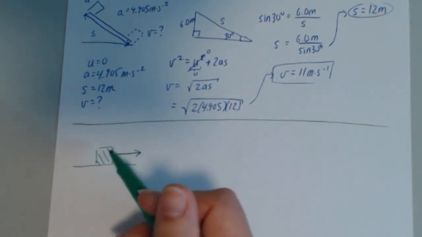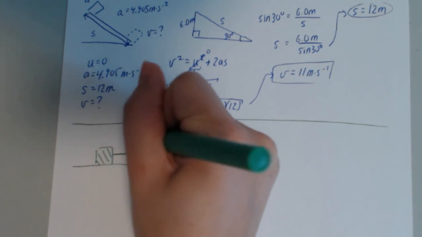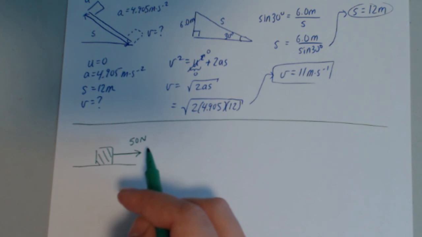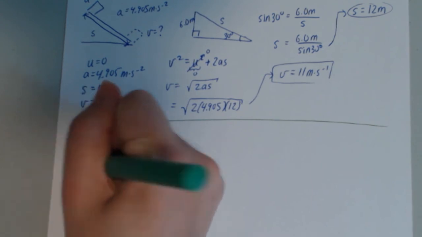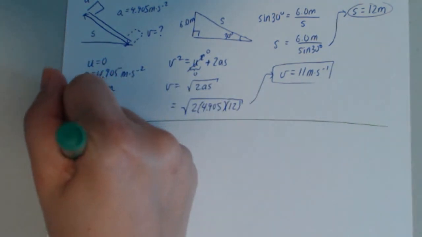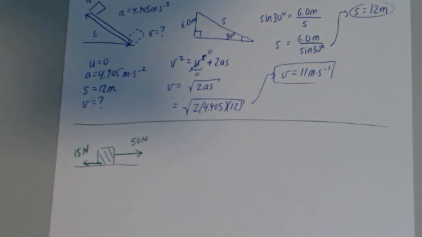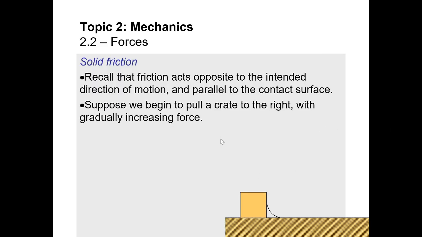If there was no resistance, you would pull the box very easily with your applied force of, let's say, 50 newtons. But if there is a resistance, that 50 newtons you're applying might feel more like 30 or 35 newtons. It wouldn't feel as much because there's something pulling back. It feels like something is not allowing you to move forward at the rate that you should be able to. So friction is always opposite the direction of motion and parallel to the contact surface.